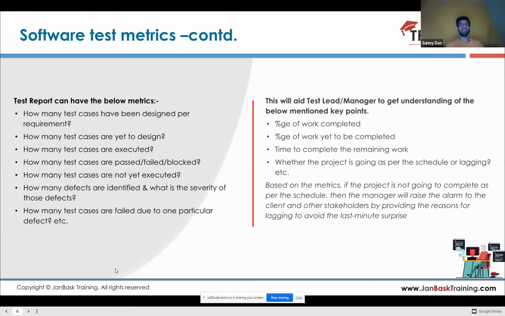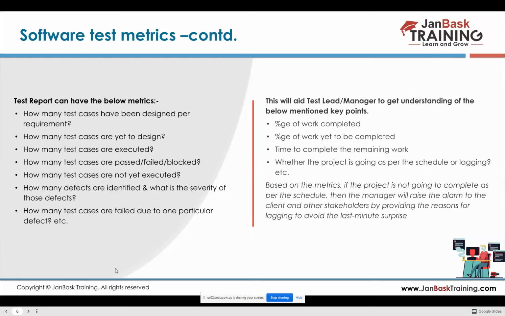Or suppose you're trying to launch the application and it is getting crashed. It is giving you some error message. So if you are finding this kind of high priority or high severity defect, you won't be able to even test the rest of the test cases. So that will be a blocker defect, right?